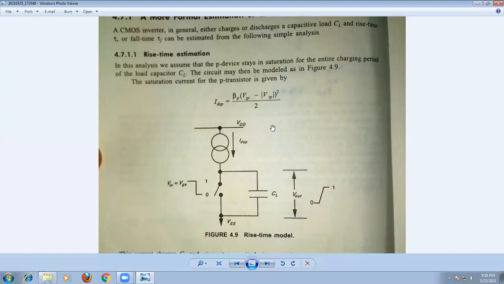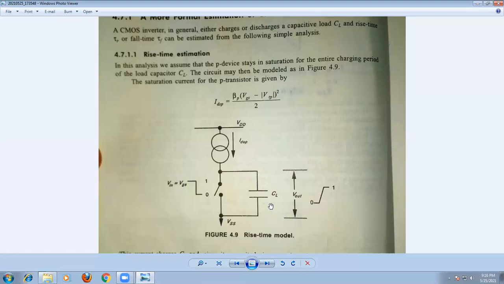The input capacitance of the next stage is the output load of the first stage. So this output capacitance is like a complex load.